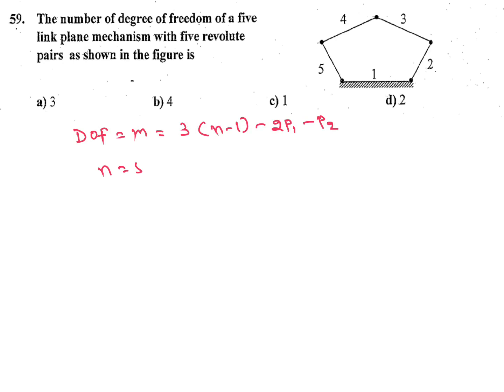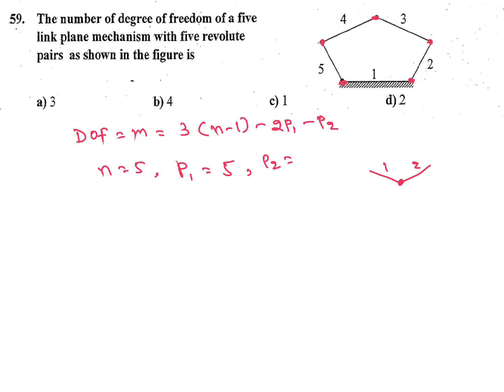These are revolute pairs. So P1, number of pairs having 1 degree of freedom, is 5. A revolute pair has 1 degree of freedom; a revolute pair is like this, links 1 and 2, only rotation is possible. And P2, number of pairs having 2 degrees of freedom, is 0.